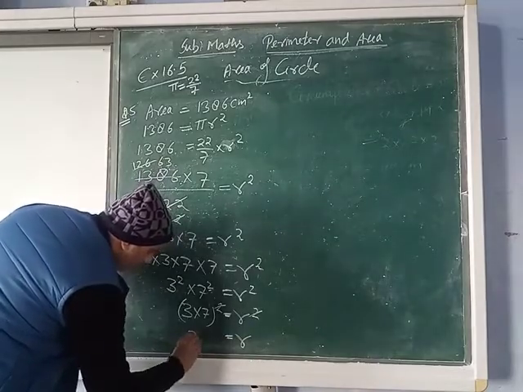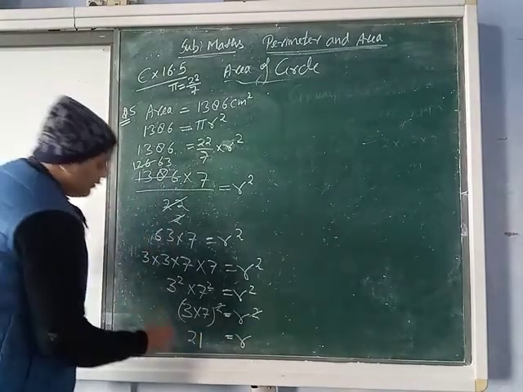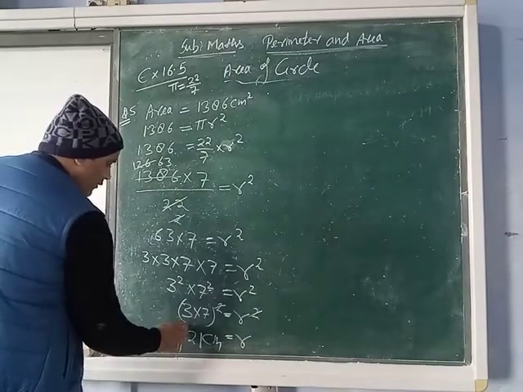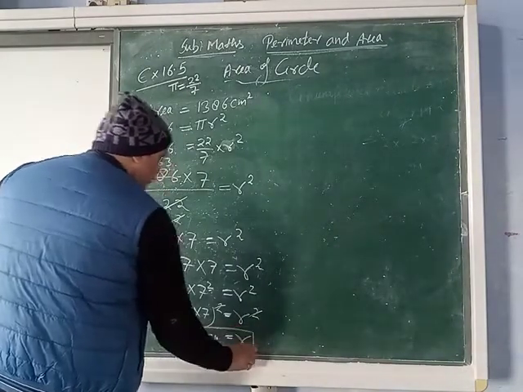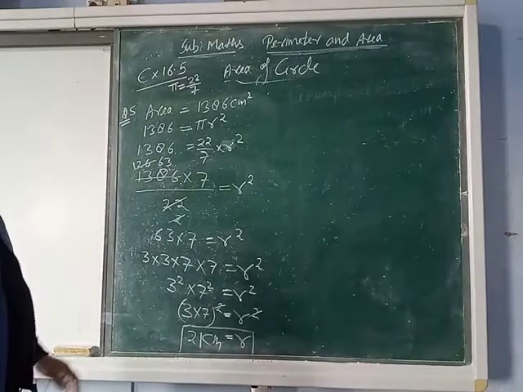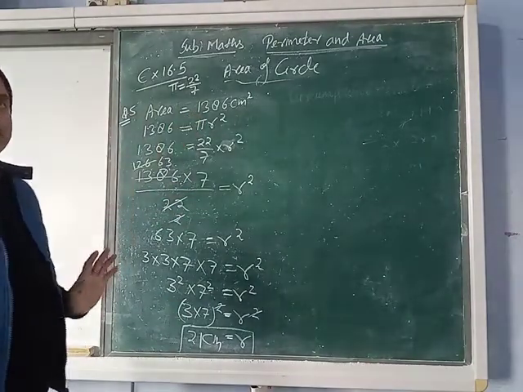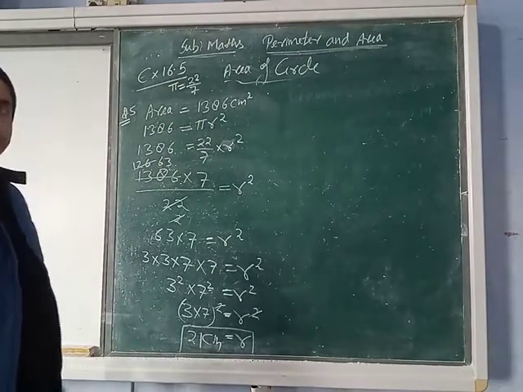Then what is the radius? That is 21 centimeter. So the radius of the circle whose area is 1386 centimeter square is 21 centimeter.